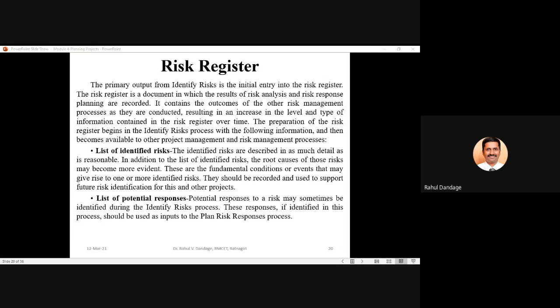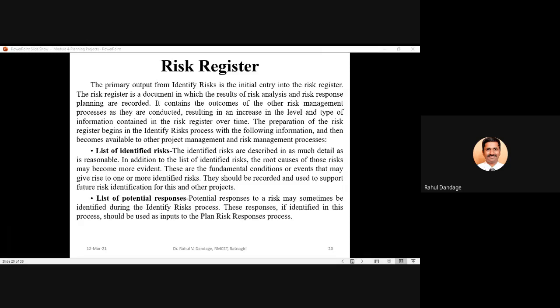In addition to the list of identified risks, the root causes of those risks may become more evident. If the root causes of these risk categories are also identified and documented, this gives very useful information to the project team, and in certain cases they can work on eliminating the root causes so that the risk itself will not occur in your project life cycle.